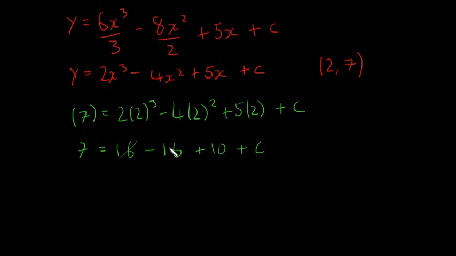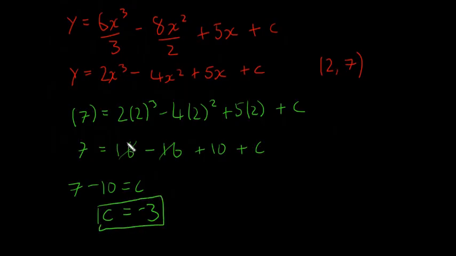So that 16 will cancel with that 16. I'm going to move the 10 over, so 7 minus 10 is equal to c. So basically c is equal to minus 3 as our answer.